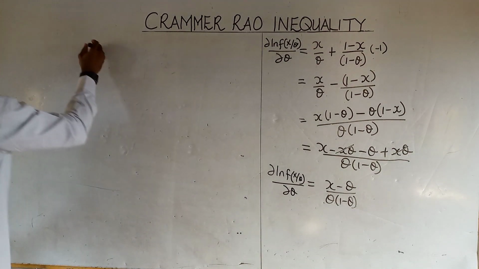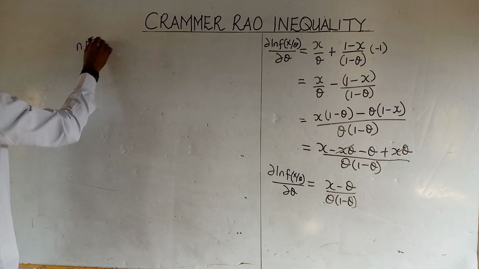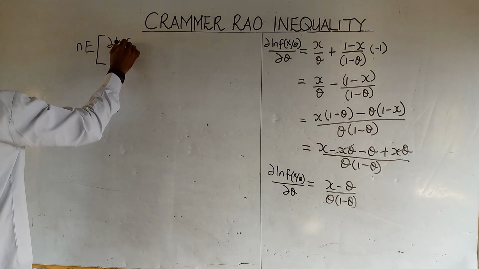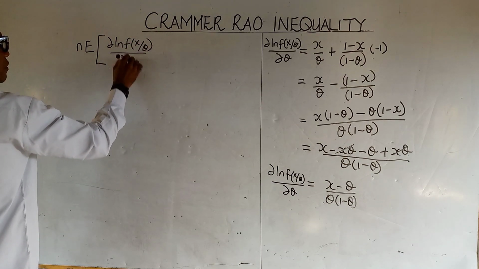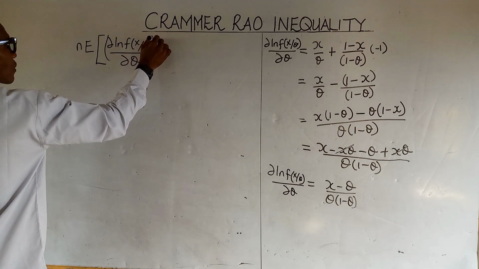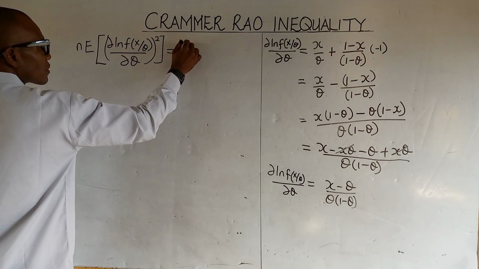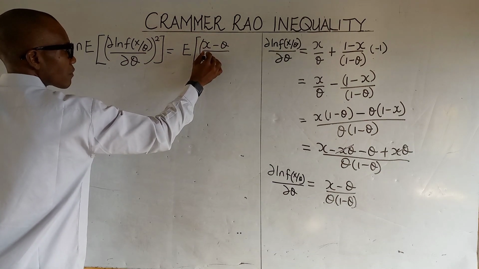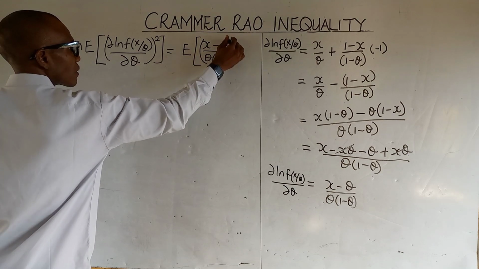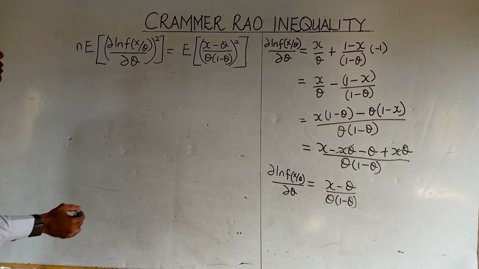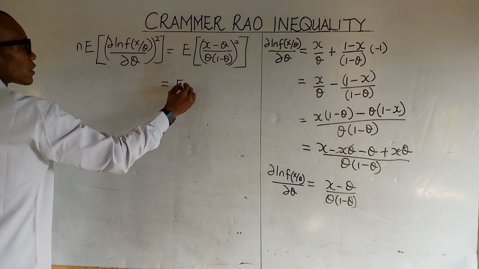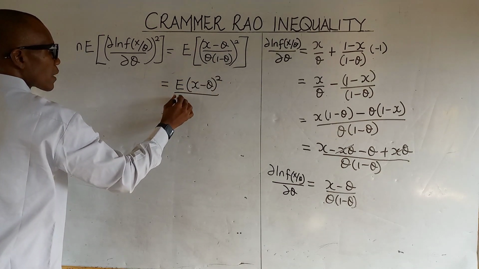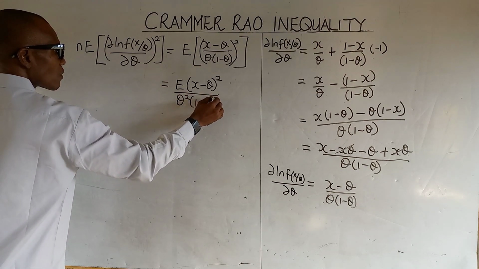If we are comparing with the Cramer Rao inequality, it means we first write n times the expectation of the derivative of ln f(x, theta) with respect to theta, all squared, which is equal to the expectation of (x - theta) over theta (1 - theta), all squared. This is equal to the expected value of (x - theta) squared over theta squared (1 - theta) squared.